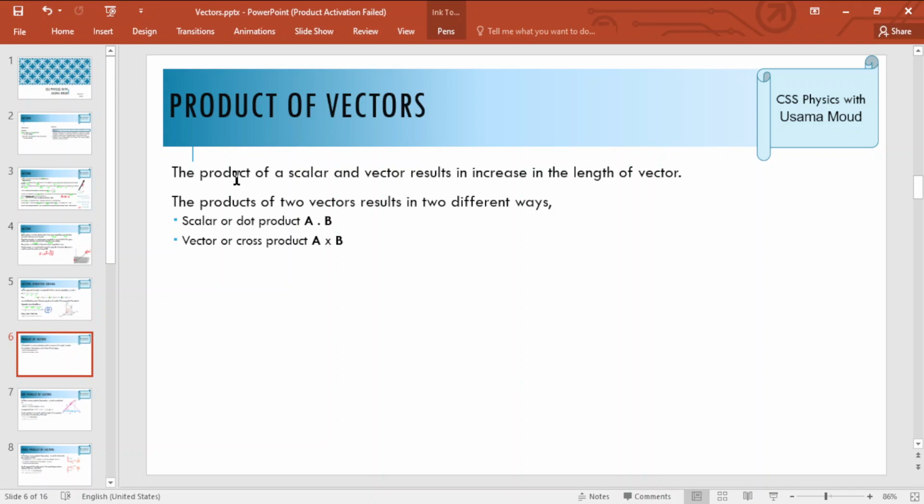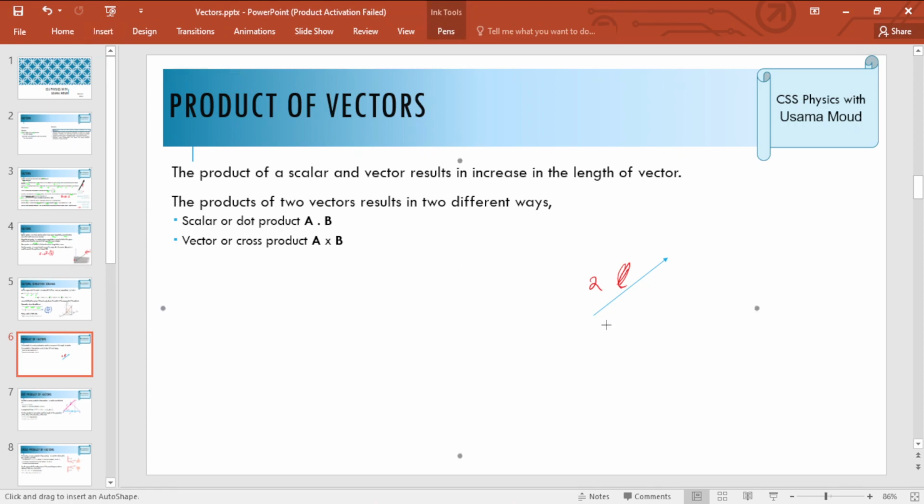Vector multiplication is basically of two types: the scalar product and the vector product. But first, if we have a simple vector and we want to multiply it with a scalar number, for example 2, whatever is the magnitude of this vector, the resultant vector will become 2 times the original vector.